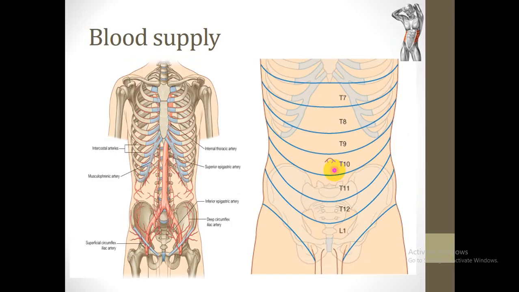The blood supply of the anterior abdominal wall comes from different origins. It supplies the wall superficially and deeply. From above, superficially, there is the musculophrenic artery, which is considered a terminal branch of the internal thoracic artery.